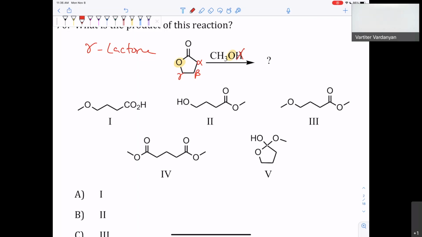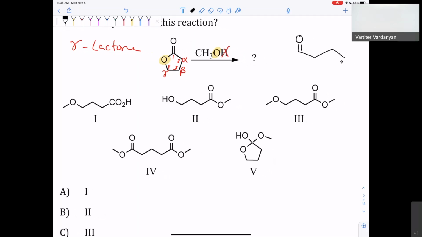So I'll show you 2 ways to do this reaction. So first we count. We go 1, 2, 3, 4. So I know it's a 4 carbon chain. And I know that on carbon 4, I have an O, right? And I know that on the carbonyl, I'm going to add the nucleophile.